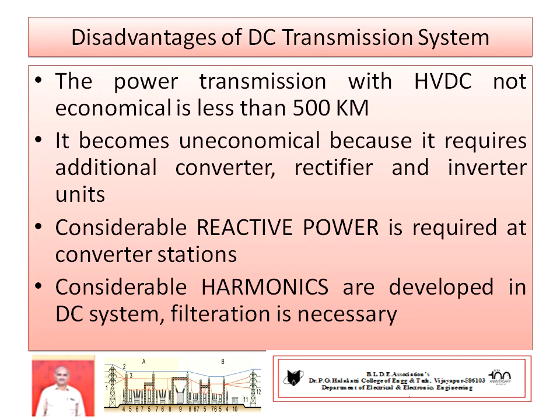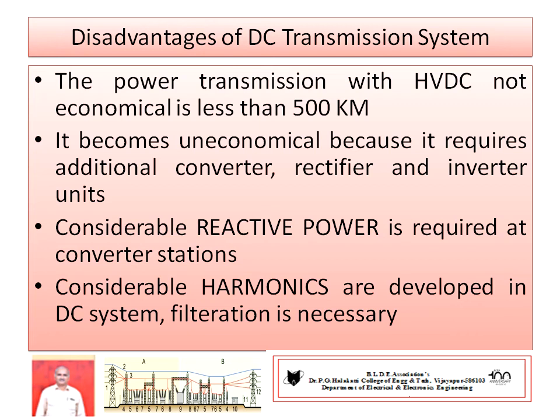It becomes uneconomical because it requires additional converters, and the design of rectifier and inverter units. So if the lines are operated for less than 500 kilometers, definitely it is not economical.